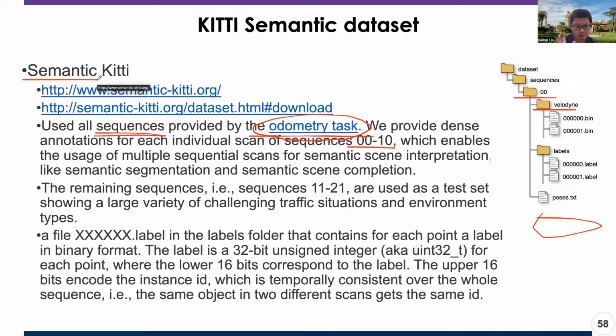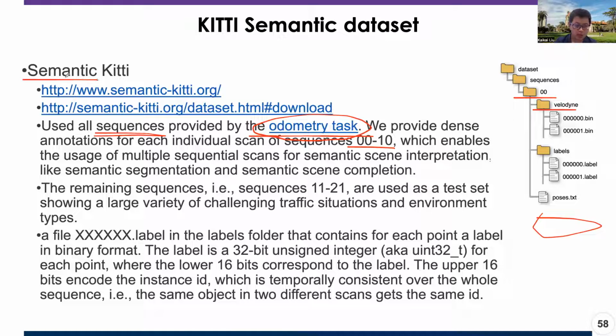Semantic annotation means that for every 3D point, they have an annotation. So, for example, some laser points reflect from the ground, so they will be labeled as ground. Some laser points reflect from the car, right? It's labeled as car. So it will differentiate all the LiDAR points, what each belongs to, similar to image segmentation, but this segmentation is for the 3D LiDAR.